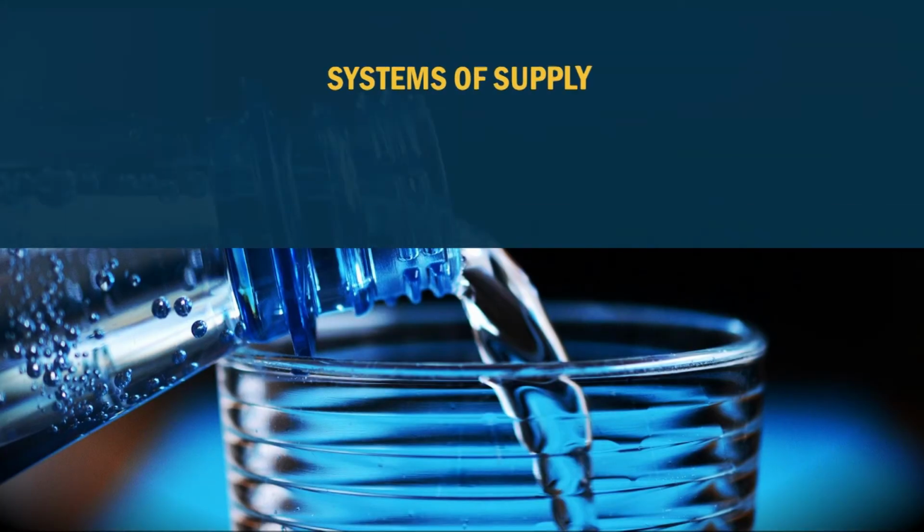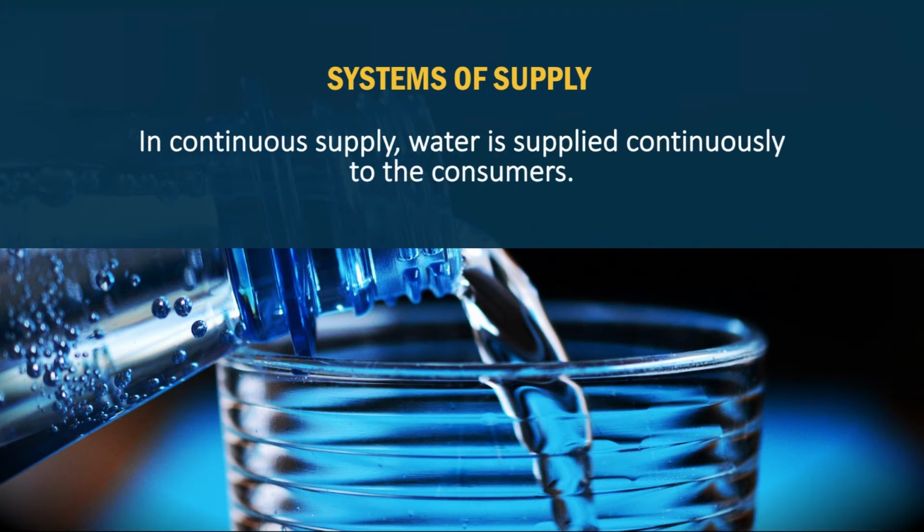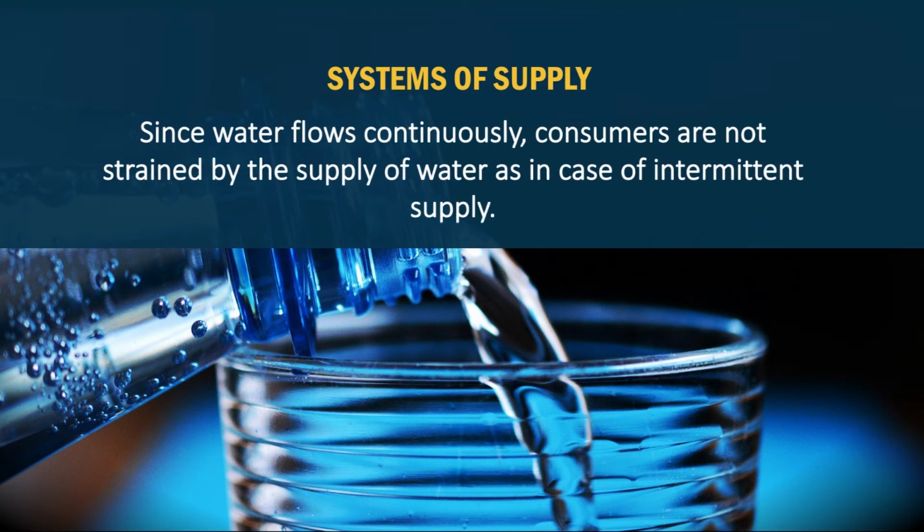System of supply. There are two systems of supply of water: continuous supply and intermittent supply. In continuous supply, water is supplied continuously to the consumers. Since water flows continuously, consumers are not strained by the supply of water as in the case of intermittent supply.